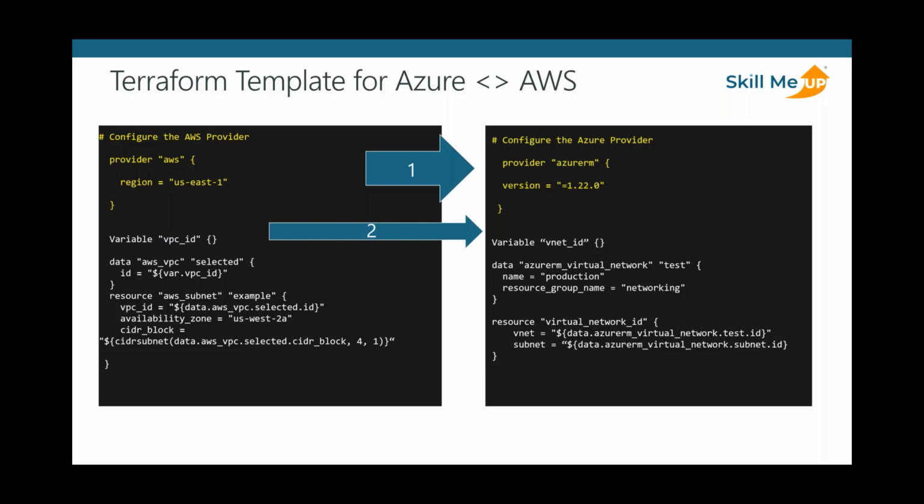Everything else that follows is the data section and the resources section, where again, there's obviously some differences because they're two different platforms, but the high level is almost the same.